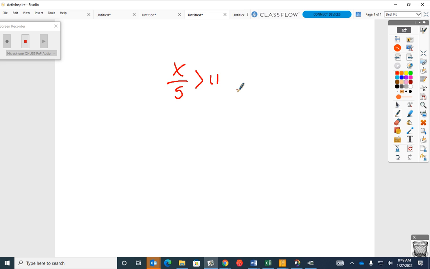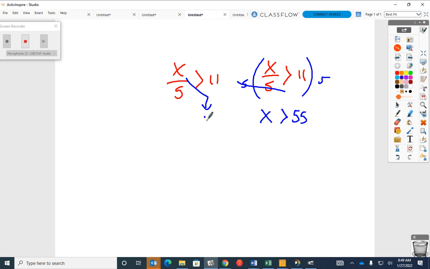How do I undo division? Multiplication, right? I'm going to write this twice because there are two ways you can do this. The way I prefer is to put parentheses around this whole thing, and whatever I'm dividing by, which in this case is 5, I put on the outside. Those cancel. And now, what's 11 times 5? 55.